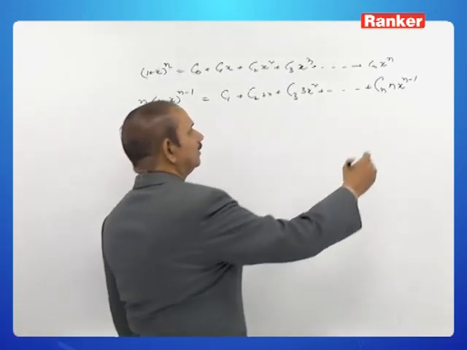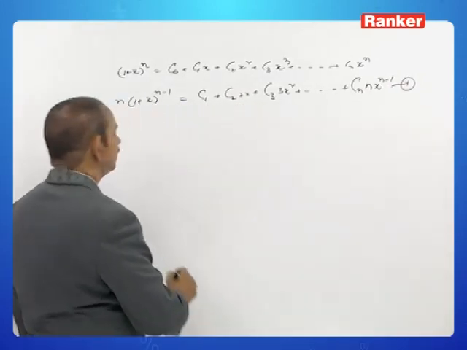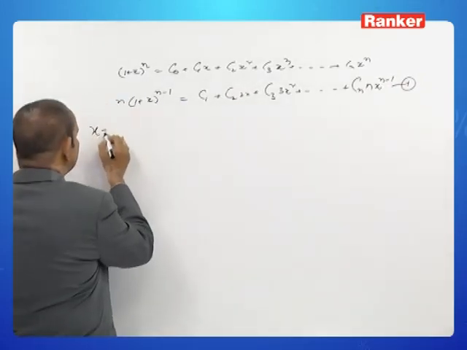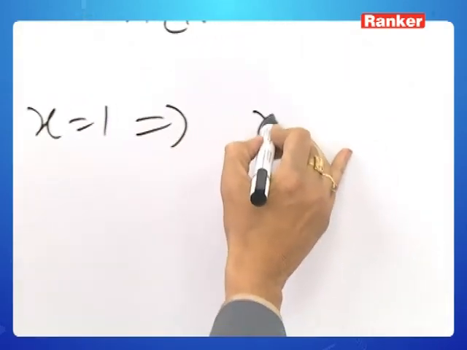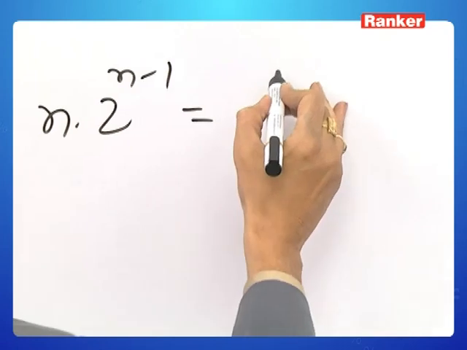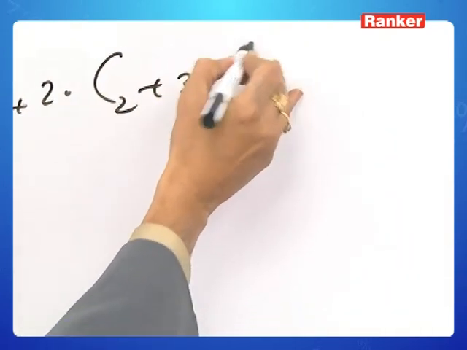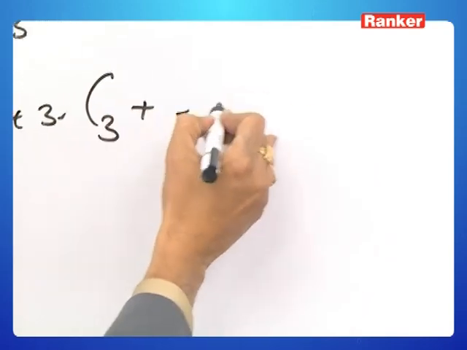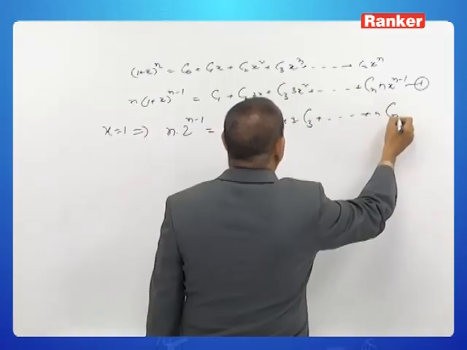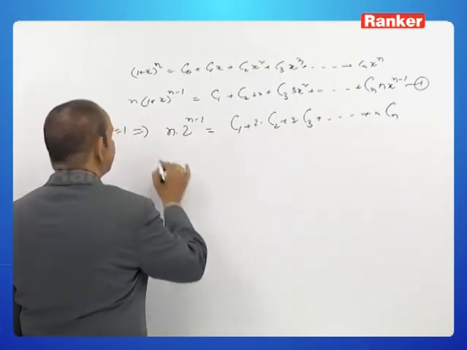Right? Call this equation 1. If you take x is equal to 1, what happens? n into 2 power n minus 1 is equal to C1 plus 2 into C2 plus 3 into C3 plus 4 into C4 plus and so on up to n into Cn, which is equal to n into 2 power n minus 1.